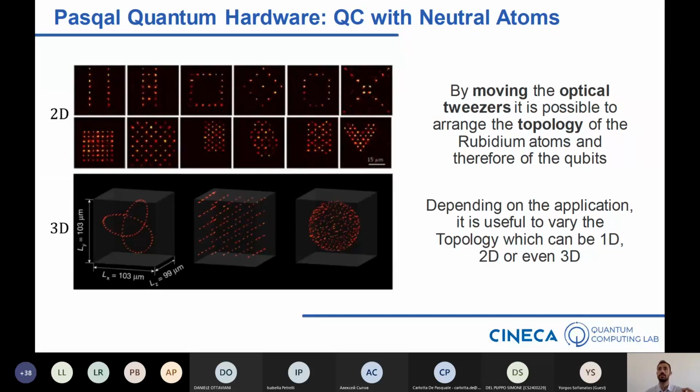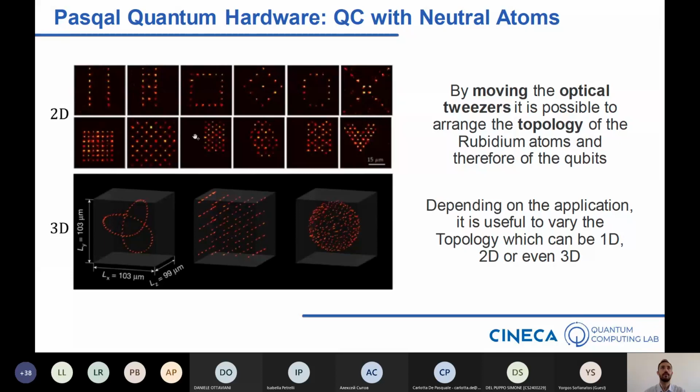That's because a single tweezer controls a single atom. Right now I think they are able to do it in 2D. So all the atoms are in the same plane, and they move them in the same plane.